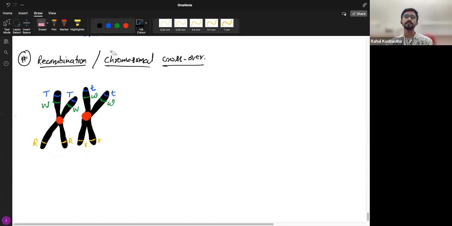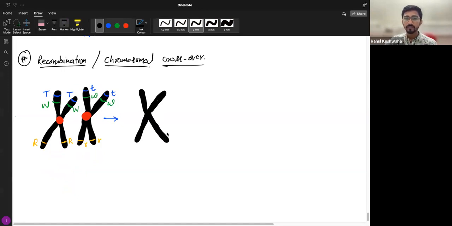Okay. So this is how it is in the beginning. Now, what happens in crossing over is something like this. We have to make the same chromosomes again. During crossing over, the two non-sister chromatids from the two chromosomes literally come together to form a physical association.